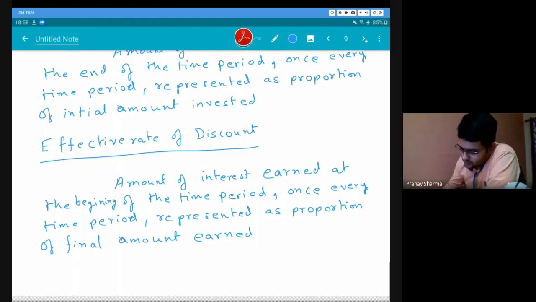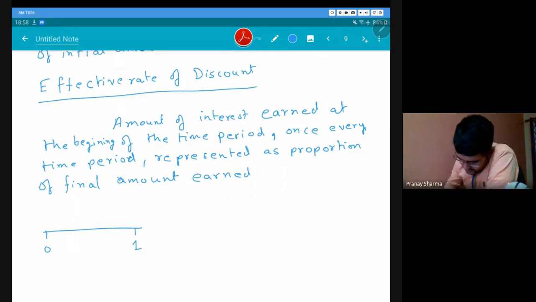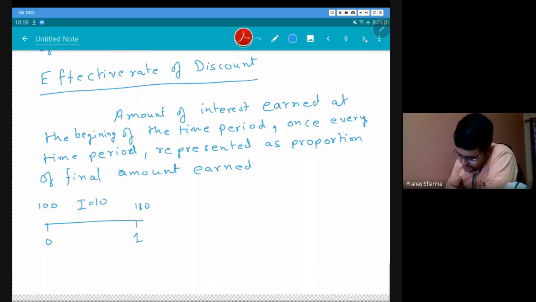I'll talk about both of these things. So let's say that I'm giving you a loan of 100 rupees because you needed 100 rupees. I say that you will give me interest of 10 rupees per 100 rupees. So after time 1, you will be returning me 110 rupees.